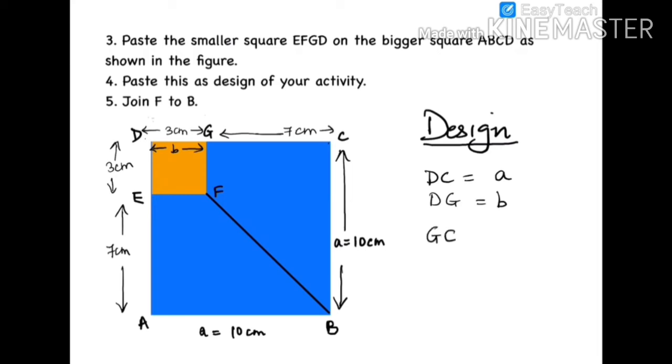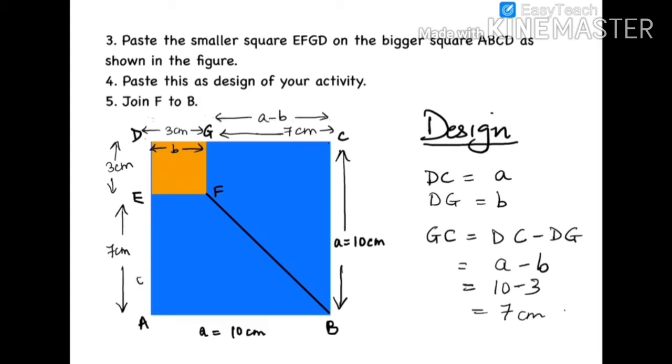So GC will be equal to DC minus DG, and that will be equal to A minus B. So now we can mark GC as A minus B and AE also A minus B.